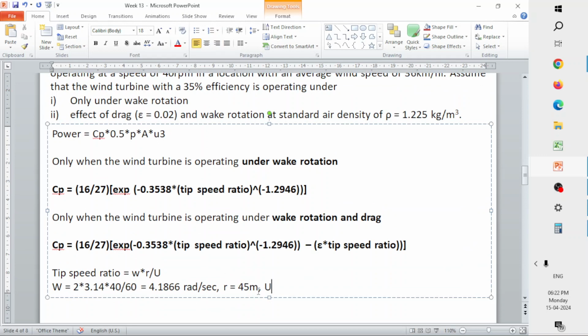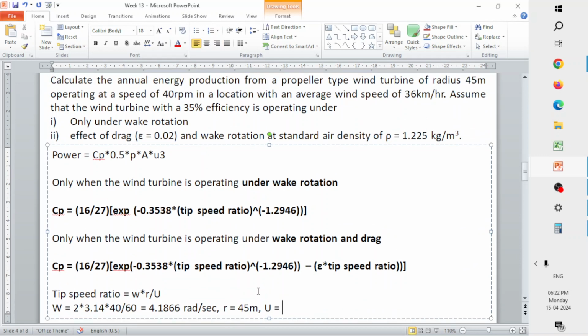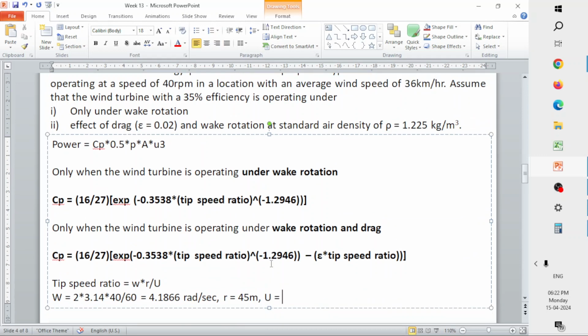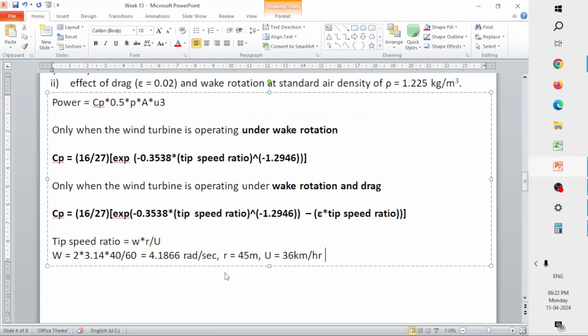U is nothing but the wind speed. Wind speed here is given in terms of kilometer per hour. All the other terms, if you see, are in terms of meters, but here it is in kilometer per hour. So you are supposed to convert kilometer per hour to meter per second.